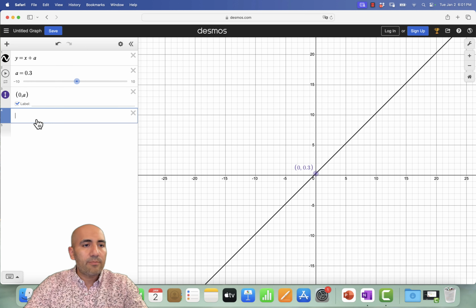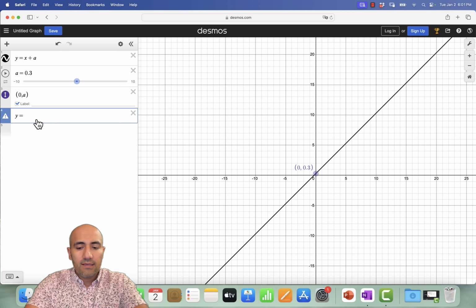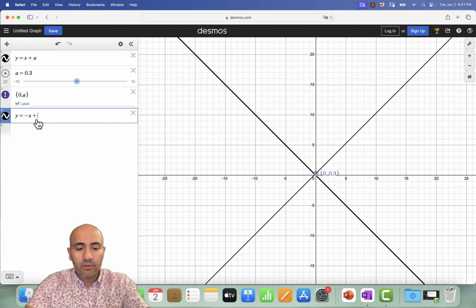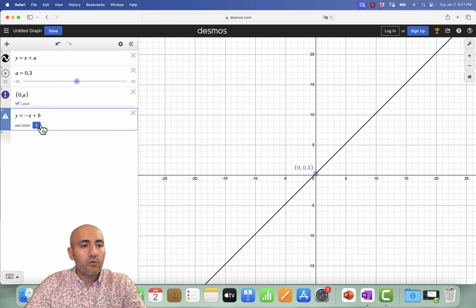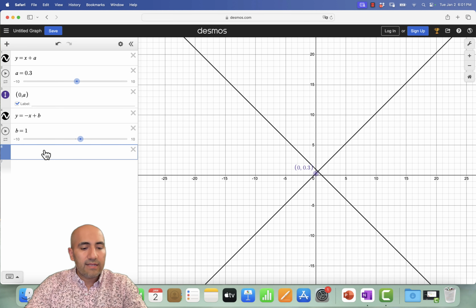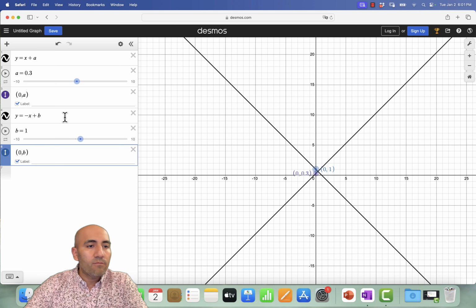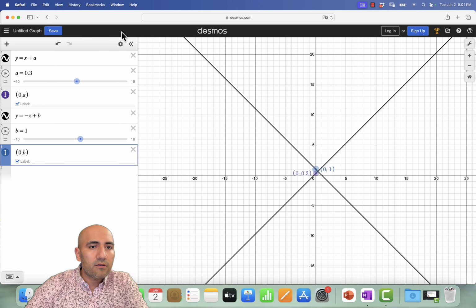And let's do a separate line, again, of the form y equals -x plus b, where b is another slider. And again, I'm going to label the point 0, b. That way we get the y-intercept of that line. Let's make them different colors.